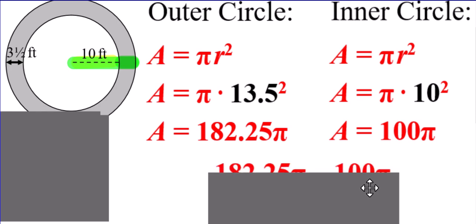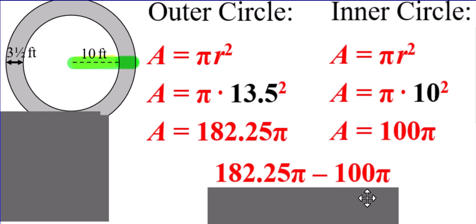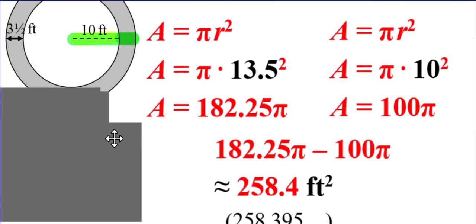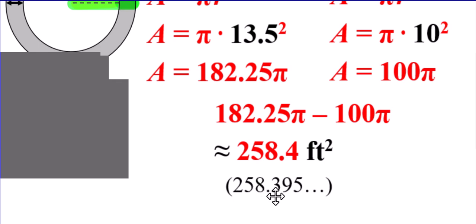Okay, from here, subtract the outer circle, the total circle, minus the non-shaded circle on the inside. And you will get 258.39. The 9 is big enough to make the 3 round up to 0.4. And make sure you say square feet. And I should have circled that answer, and I'm not quite sure why I didn't.